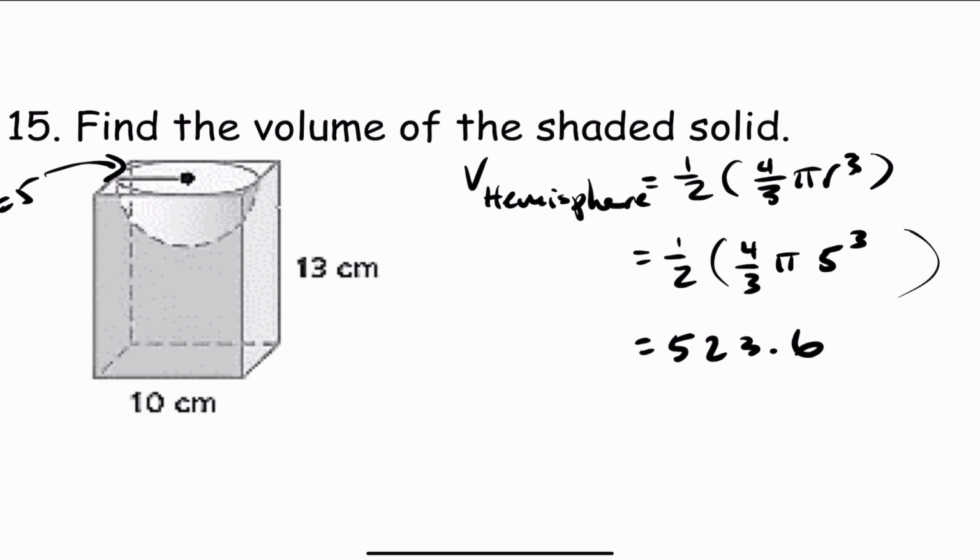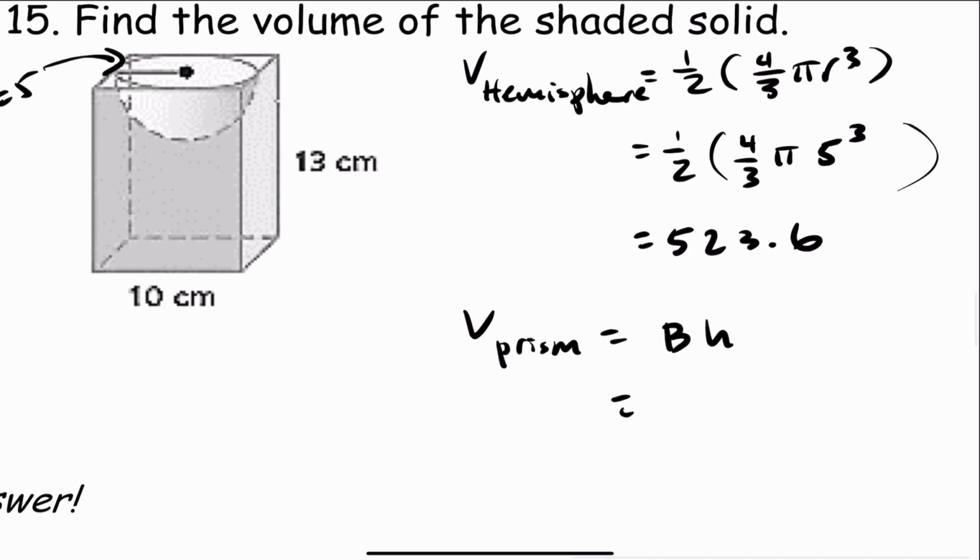Now I want to go ahead and find the volume of the prism. It's a rectangular prism. Okay. So it's going to be the area of the base multiplied by the height of the prism. The area of the base is going to be a rectangle here. I'm going to have to think about this one real quickly.